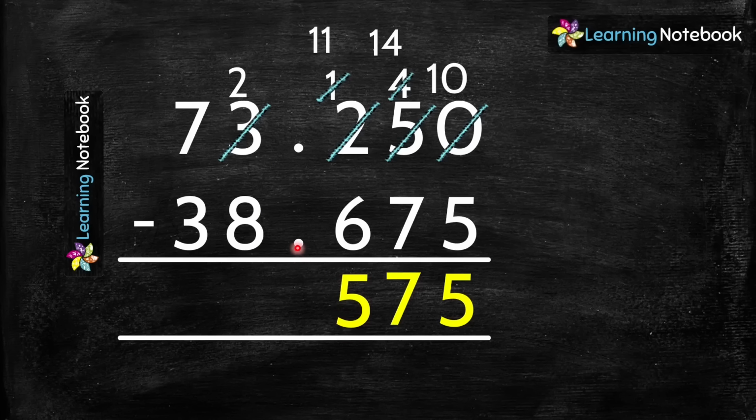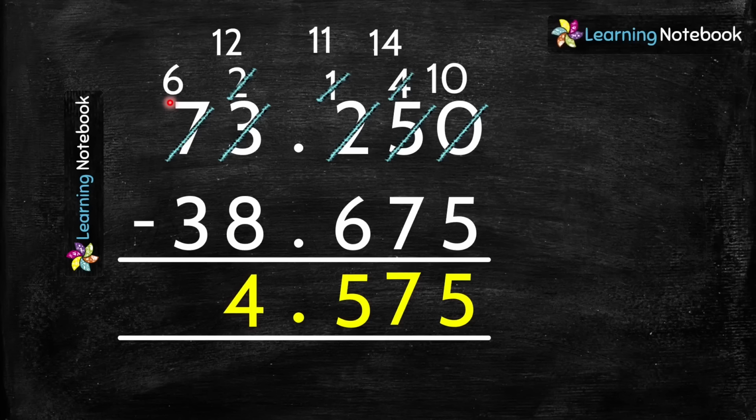Now let's put the decimal point in the answer. And now we will subtract the whole number part. But again, 2 is weaker than 8. So 2 borrows from 7. 7 becomes 6 and 2 becomes 12. 12 minus 8 equal to 4.